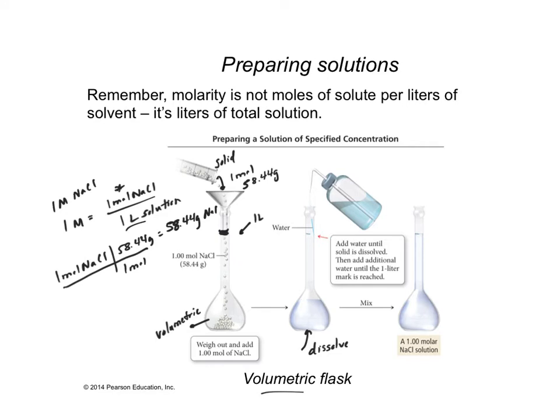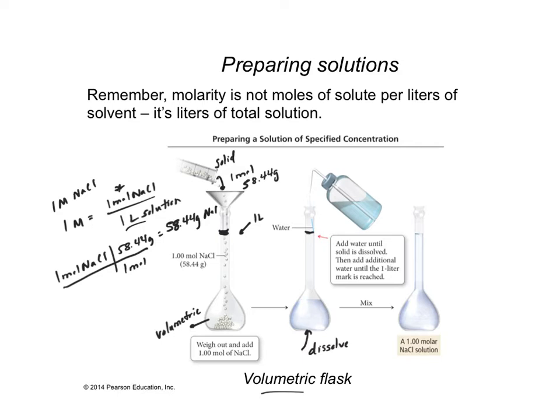There's an important point to this, and that's the only reason why I go over this. I would stir and shake until all of the solid dissolved. Then I would fill the rest of the flask up with water until the meniscus hits that nice little line on the neck of the flask. That is how you would make a 1 molar NaCl solution, specifically 1 liter of it.